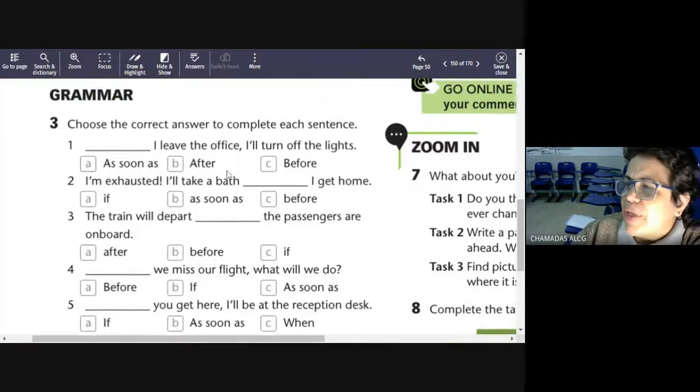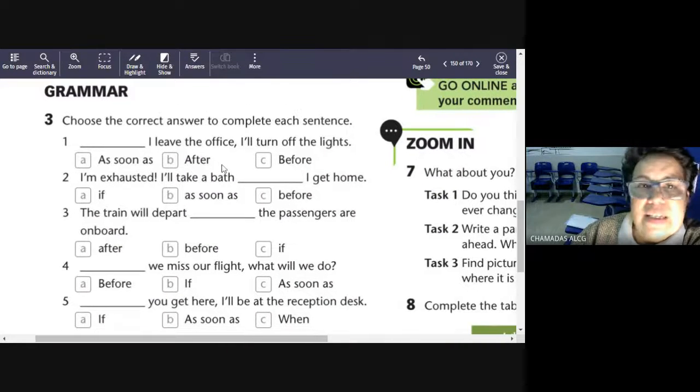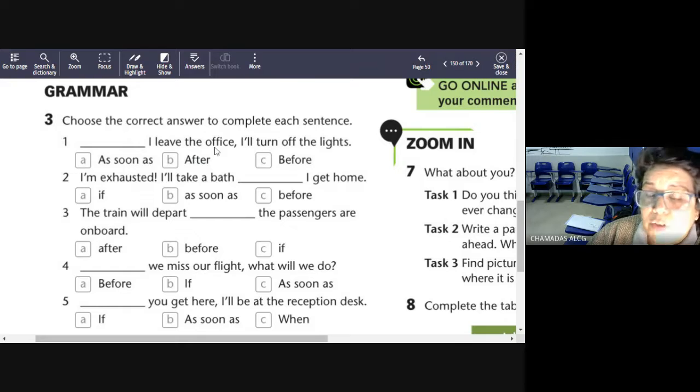Okay, I'm showing that now. Yes, can you see that? We're doing number 3, grammar. Okay, exercise number 1. So here we have 3 options. As soon as I leave the office, excuse me, I'll turn off the lights. Or after I leave the office, I'll turn off the lights.